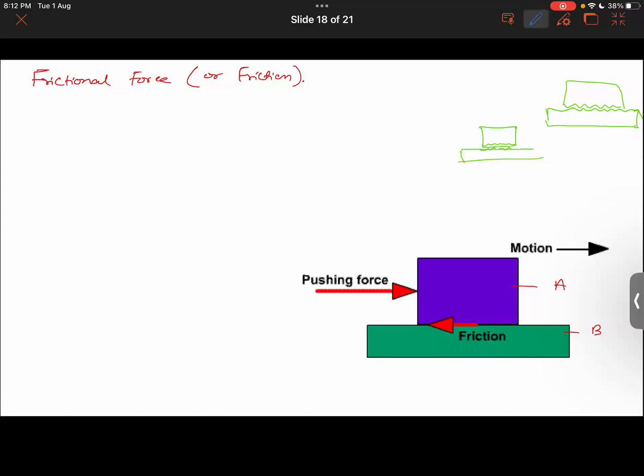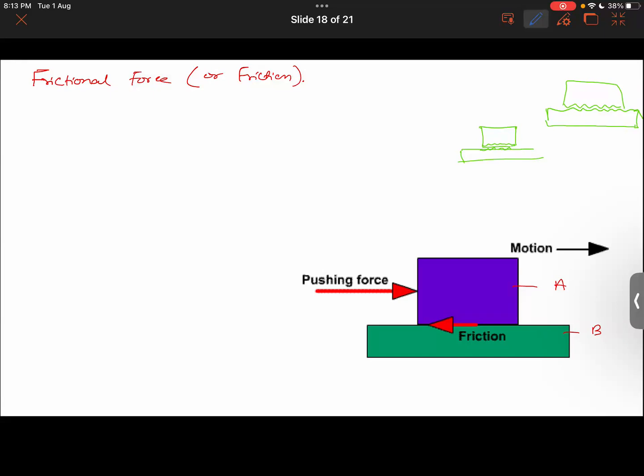Or if you were to stop rowing a boat which is moving in water, it will also slow down and then stop because frictional force is acting between the water and the base of the boat, right?